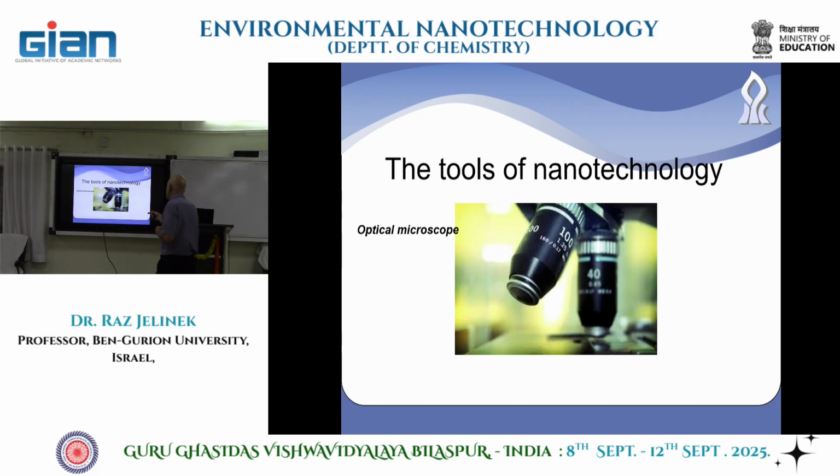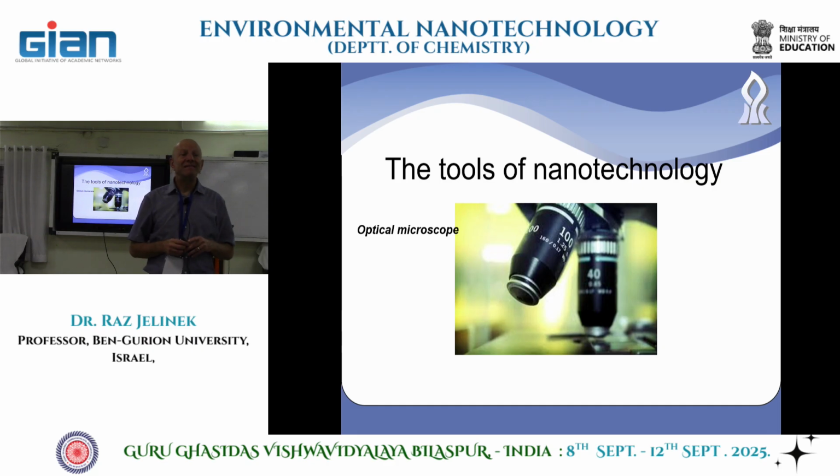What we see here is an optical microscope. You know why an optical microscope is not good for nanotechnology? Anybody has an idea? Why you cannot look with an optical microscope, with a light microscope, at tiny, tiny nanomaterials? Any ideas?